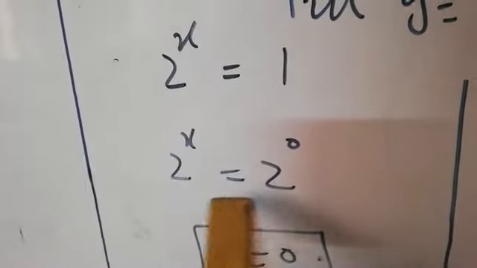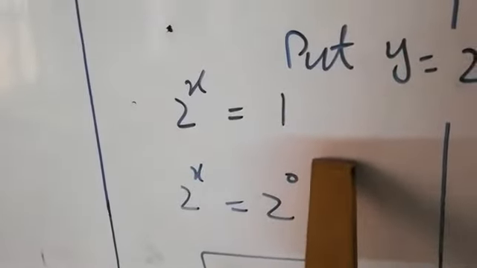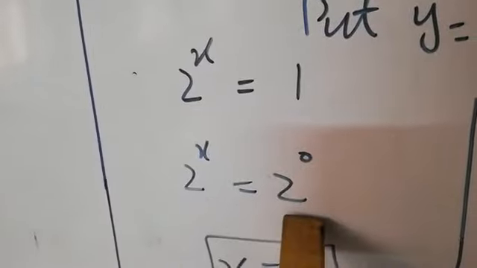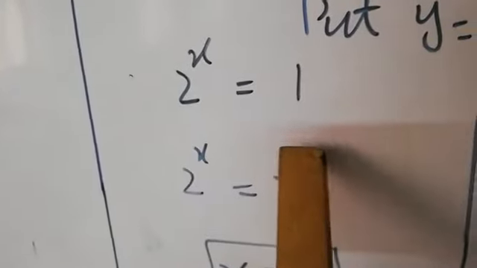So to make the base common, we will put here 2 raised to power 0, because 2 raised to power 0 means 1. We can write this in this form. Since their bases are the same, their exponents will be equal. So x is equal to 0.